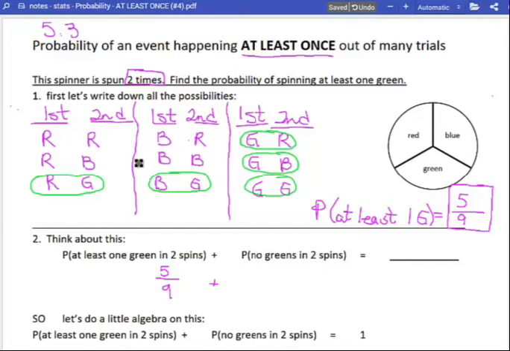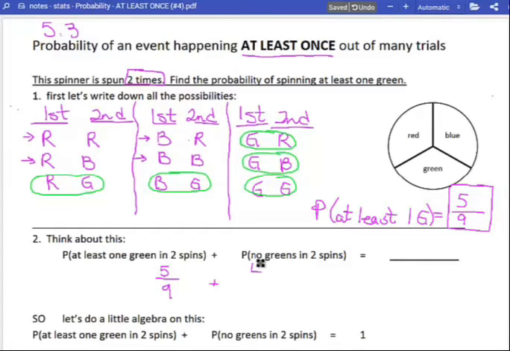Well, go back up there and look. If you have no greens in 2 spins, well, there's one that has no greens in 2 spins. There's another one that has no greens in 2 spins. There's another one that has no greens. And then there's another one that has no greens. And if you notice, those are all the other ones besides the at least one.